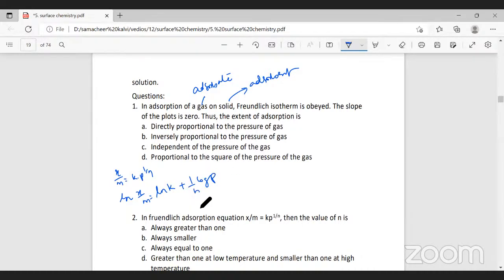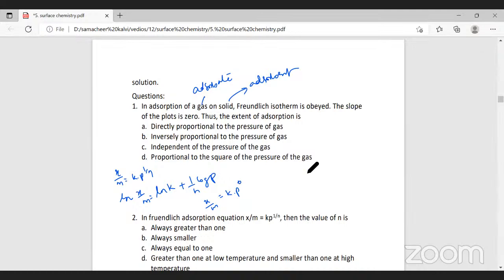Thus we can write x/m = k p^0. Why can we write p to the power 0? Because they have clearly given that the slope of the plot is 0. That is, 1/n is 0. When the slope is 0, this factor becomes p to the power 0. We can write k p^0. Thus, x/m = k.